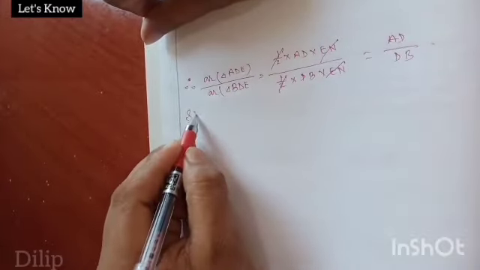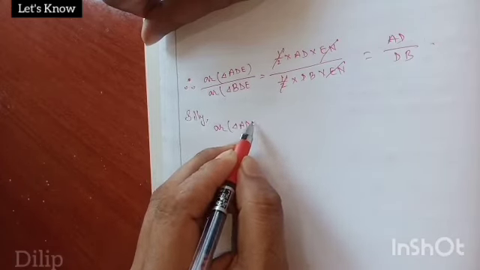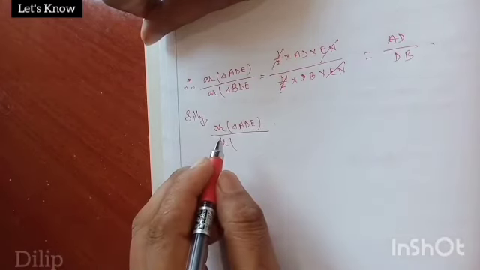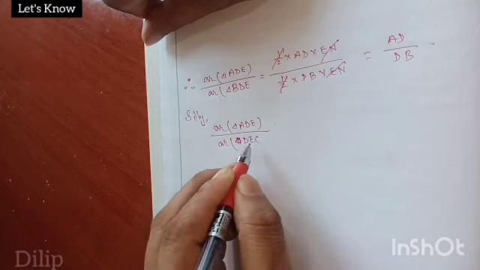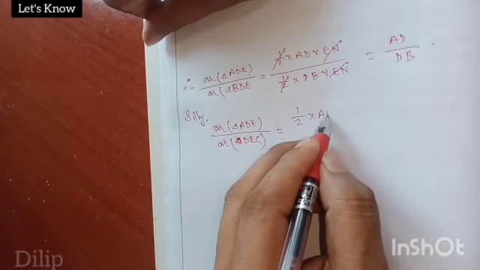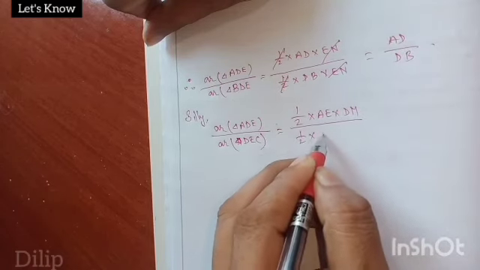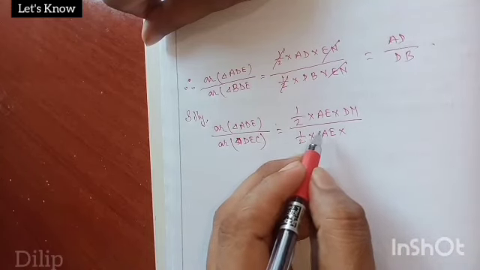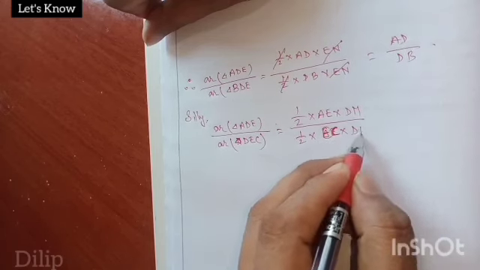Similarly, area of triangle ADE divided by area of triangle DEC, we are going to find a ratio, is it? It is equal to 1/2 into AE into DM divided by 1/2 into, sorry, AE not EC, EC into DM, is it?